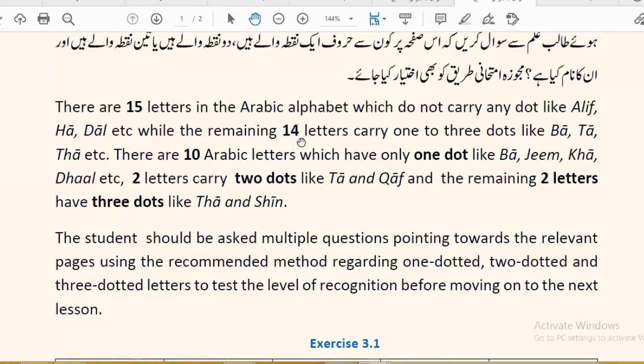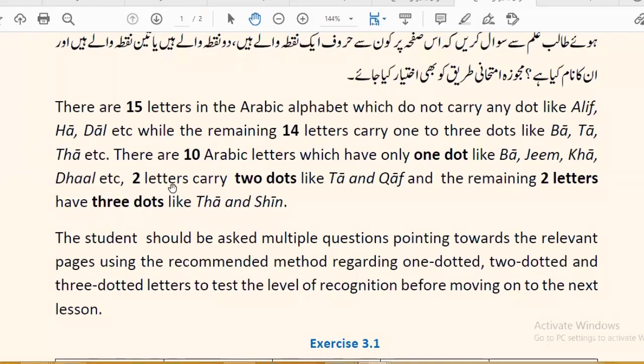But there are 14 letters in the Arabic alphabet of the Holy Quran that carry either 1 dot, 2 dots, or 3 dots, such as the letter ba, ta, tha, etc. There are 10 Arabic letters which have only 1 dot. For example, the letter ba, jim, kha, dal, all have 1 dot on them, and there are more as well.